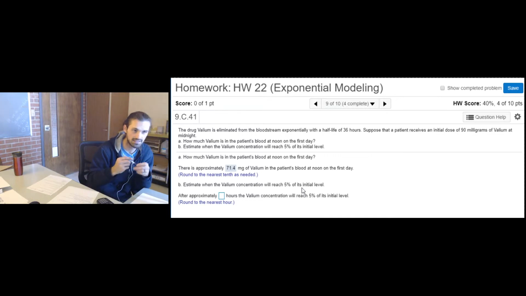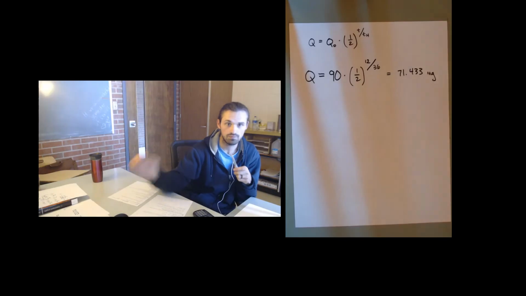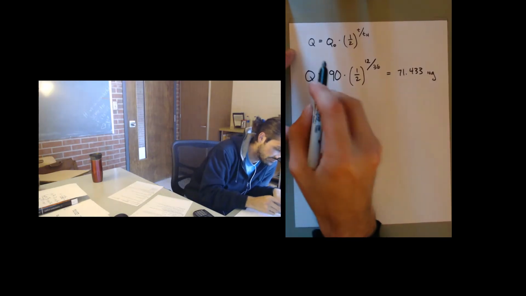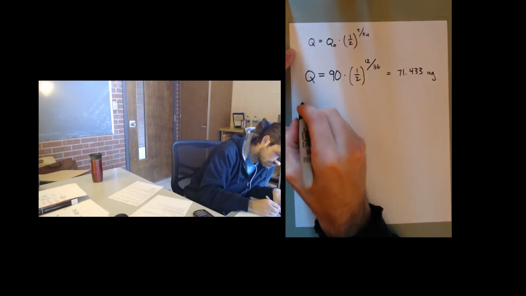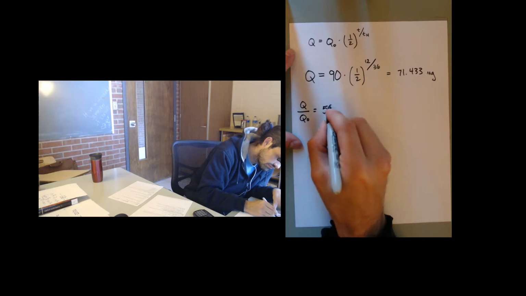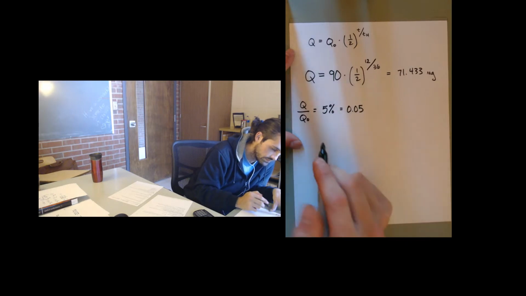Recognize when they're giving us something in this style, the 5% of its initial level, what they're telling us with that 5% is Q over Q naught, which equals 0.05.